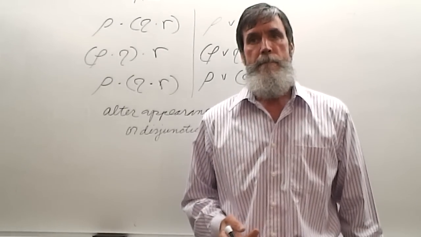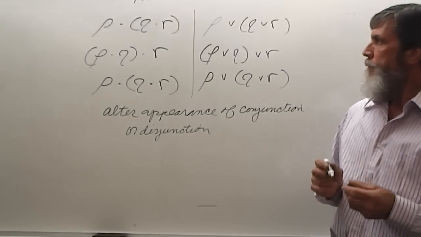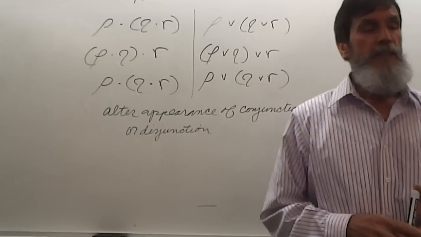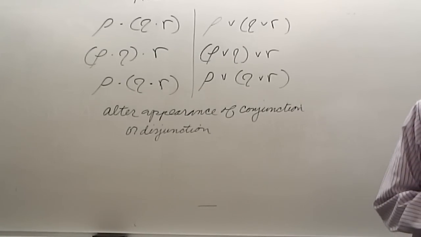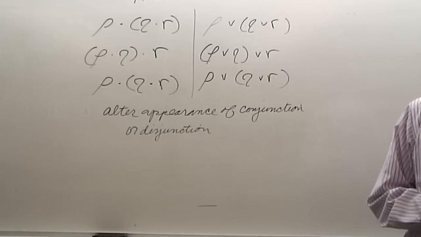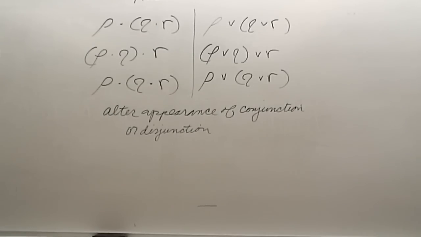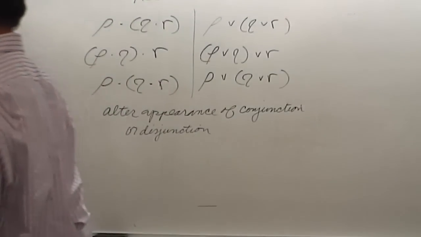All right? Questions about association? I'll give you a moment to finish that if you have a question. Move the main punctuation around 2 of 3 conjuncts or 2 of 3 disjuncts.